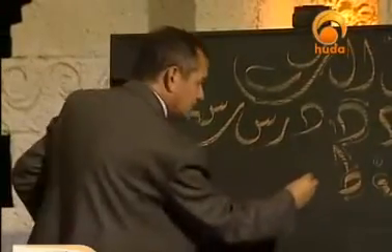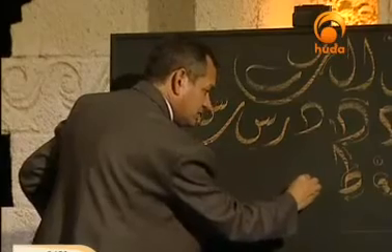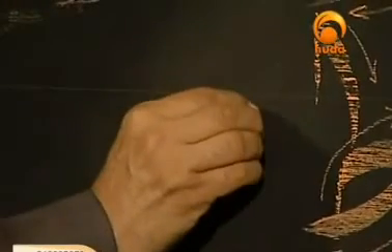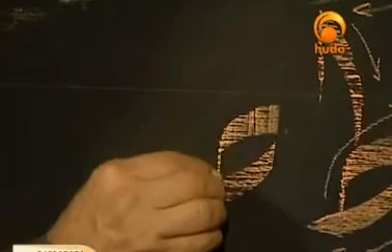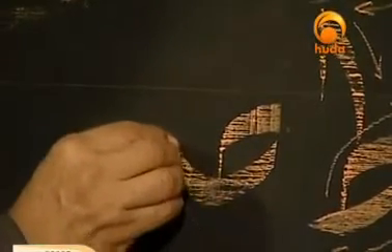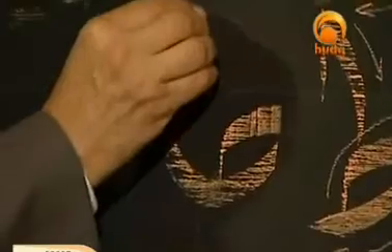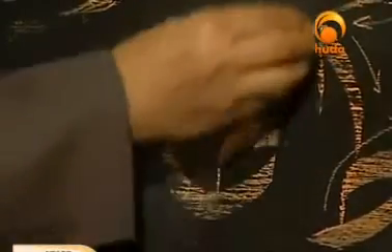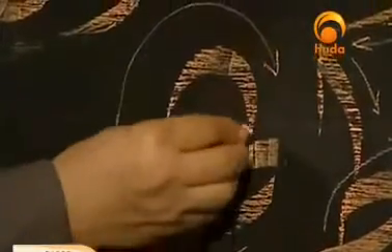We can do also ta like this shape. Look at me carefully, please, and see how it looks very, very nice and attractive also. Look at the curve. Instead of doing a separate letter of alif, we can make a very, very nice and smooth curve to join with the top of ta.